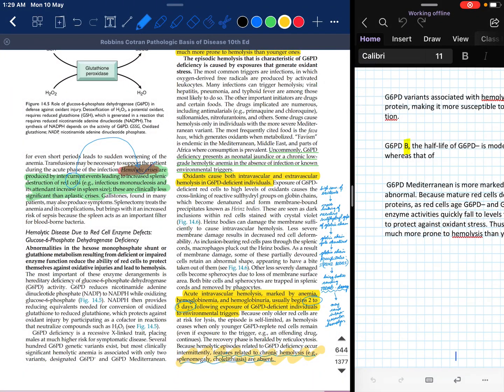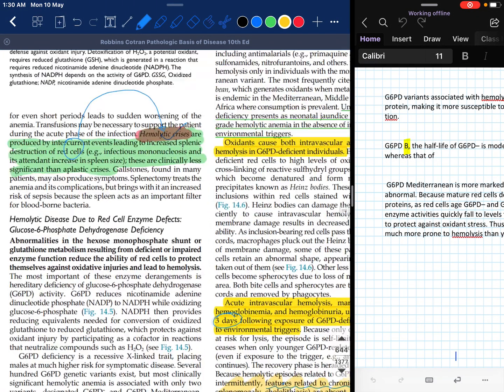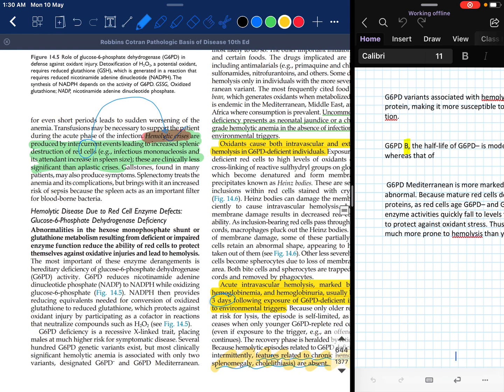So here we have a very interesting topic, that is hemolytic anemia due to G6PD deficiency, that is glucose 6-phosphate dehydrogenase deficiency. The biochemical aspect, the exact pathway of why G6PD deficiency causes this, is that this enzyme is required in the hexose monophosphate shunt.